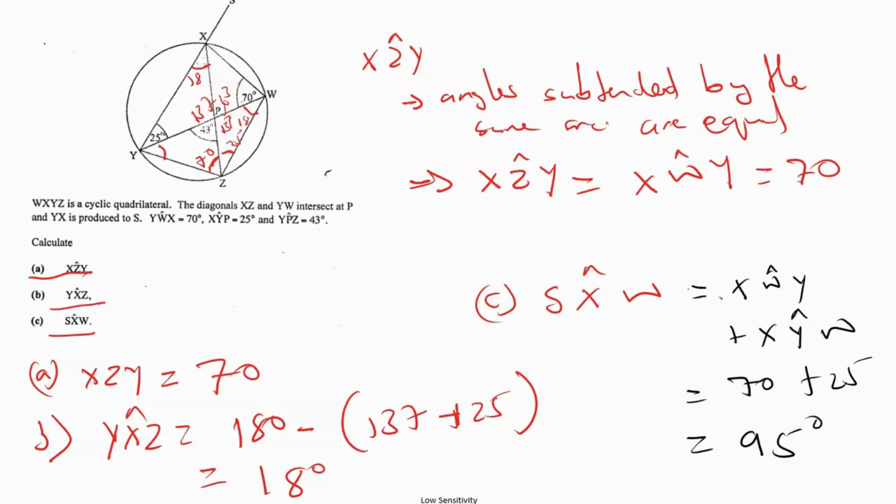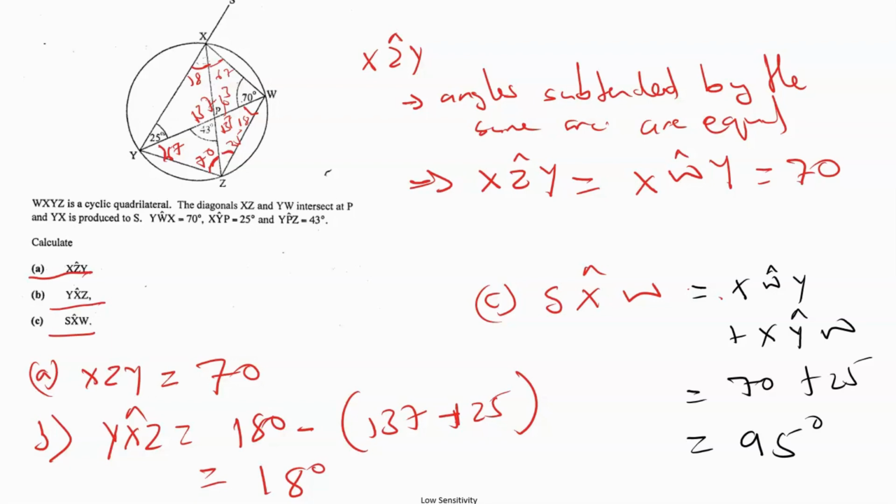We subtract that from 180 to get that angle: 180 minus 70 minus 43, so this becomes 67. Again, this angle is subtended by the same arc, so this is also 67.